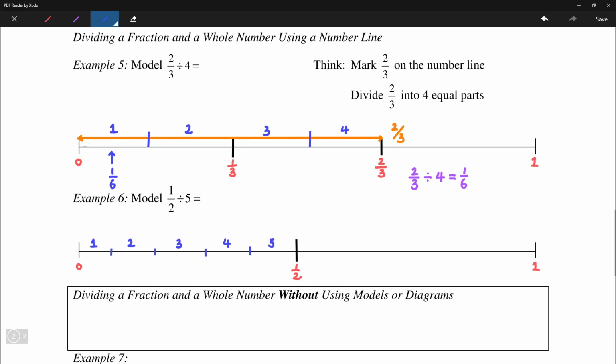And once again, we want to compare it to the entirety from 0 to 1. So in this case, each one of these sections is 1/10 of the way from 0 to 1. So in other words, we have 1/2 divided by 5 is equal to 1/10.